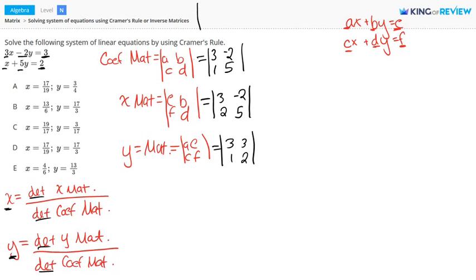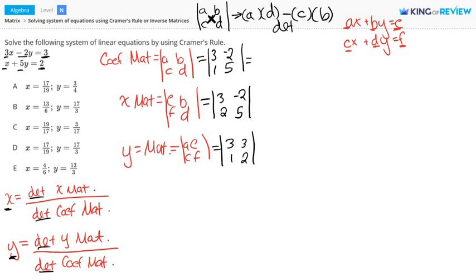So let's say we have a matrix, and the entries within the matrix are A, B, C, and D. To find the determinant, we start by taking the product of the entries in the main diagonal, that's A and D, and then we subtract the product of the entries in the other diagonal, that's C and B. So AD minus CB, this is how we find the determinant.